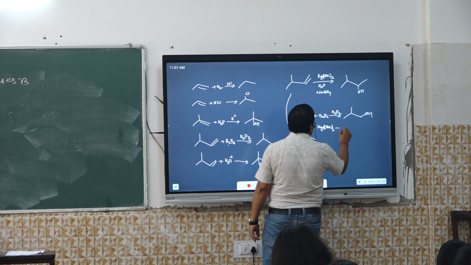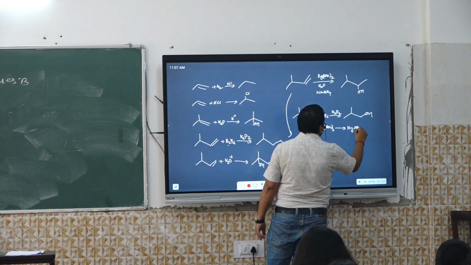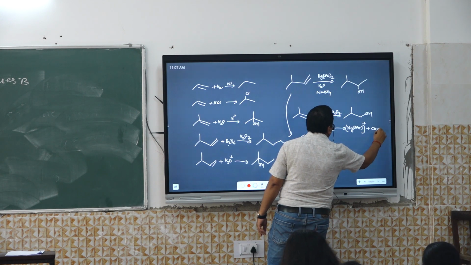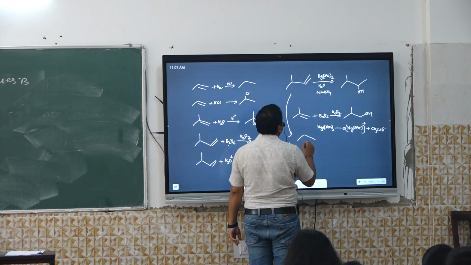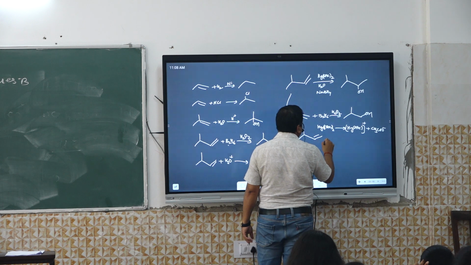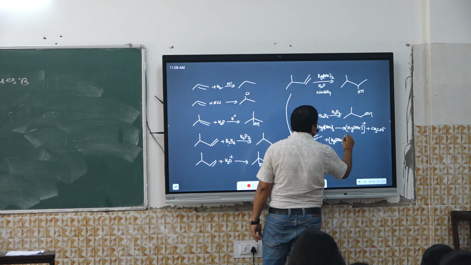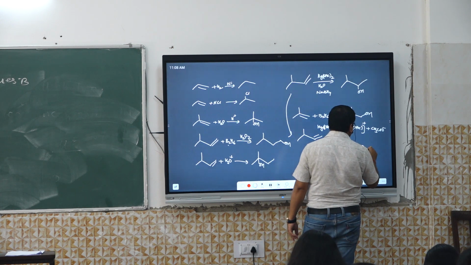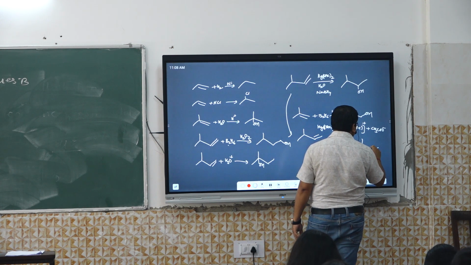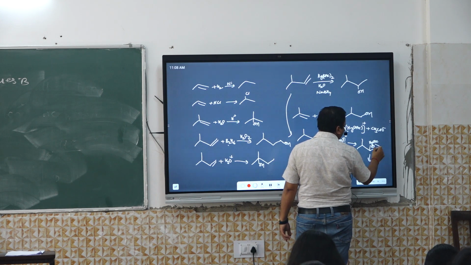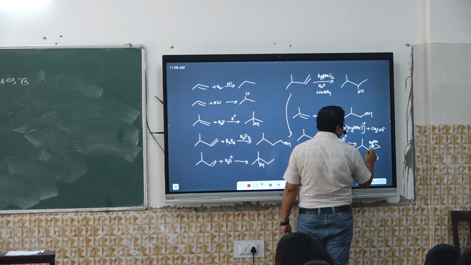What is this? Mercuric acetate. Acetate ion can be written in short form as OAc. This plus charge, then water will attack the most stable carbocation center.